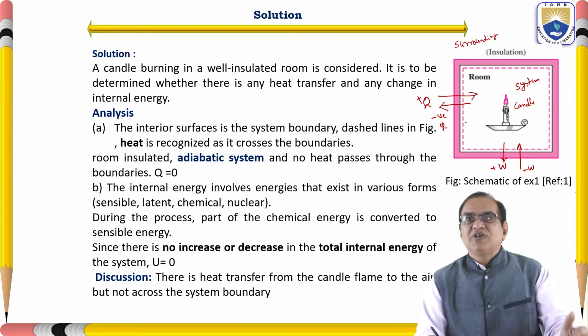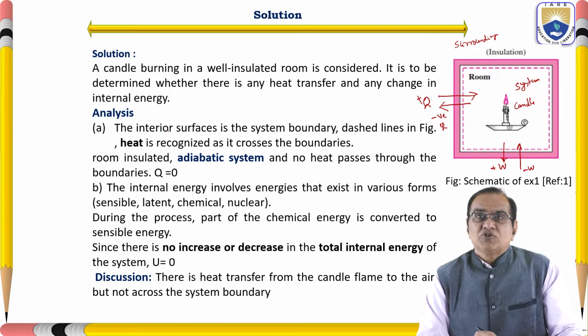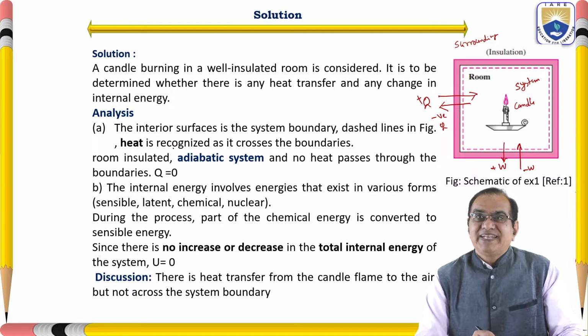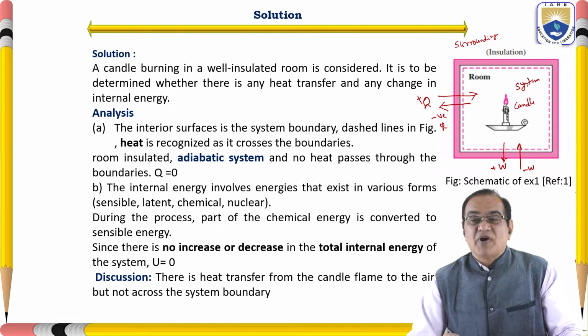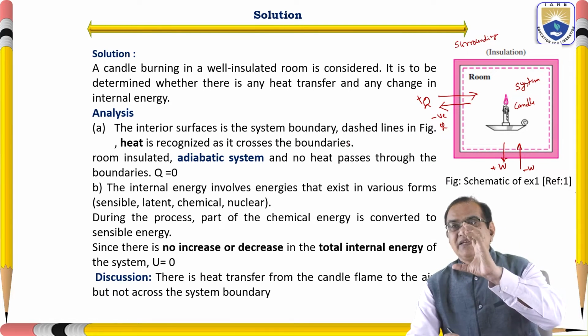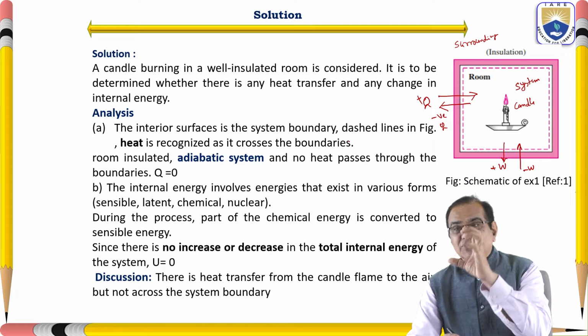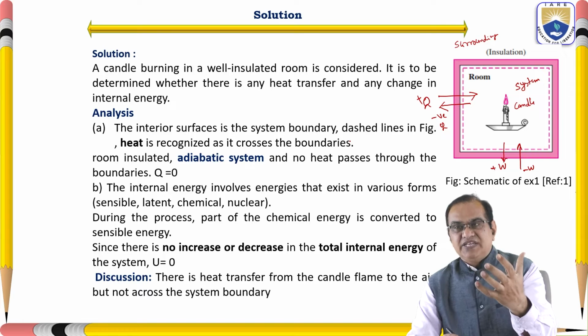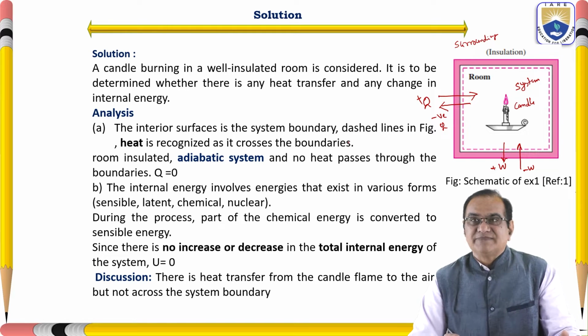Okay, so this we have discussed. The interior surface is the system boundary, given by the dashed line here. In the figure, heat is recognized as it crosses the boundary. So if any heat from the system is going out or coming in, then we can say that it is heat energy.